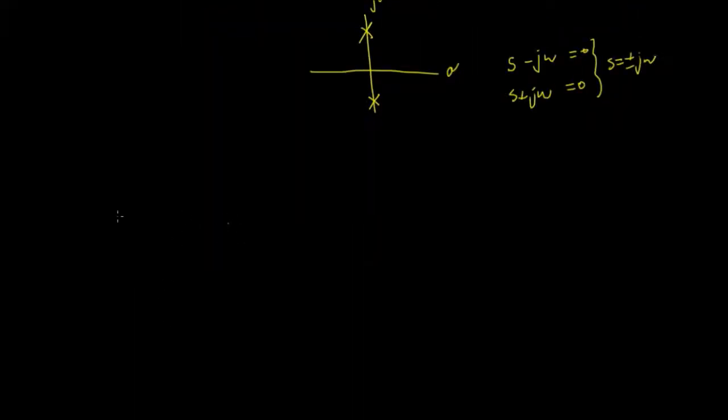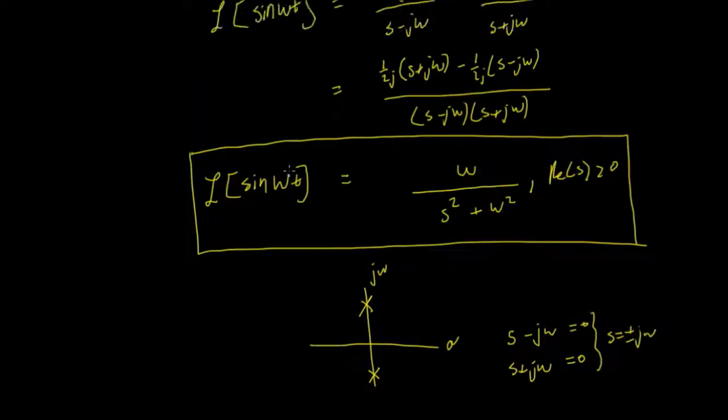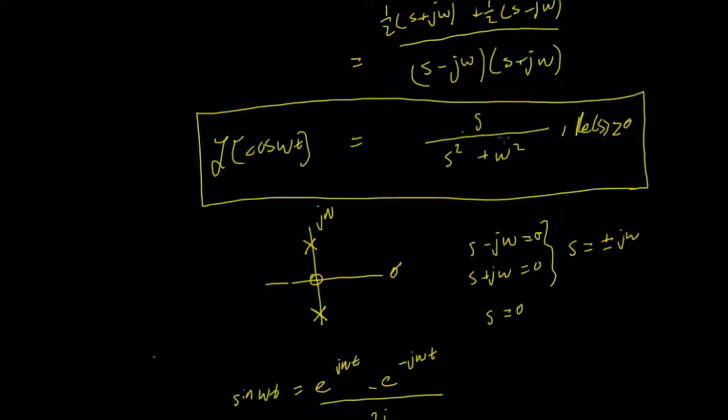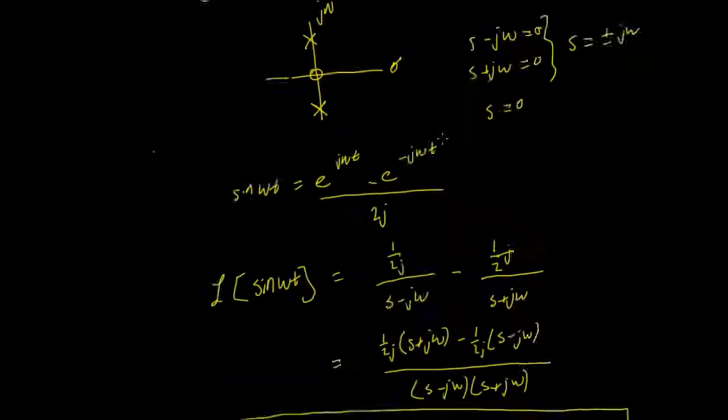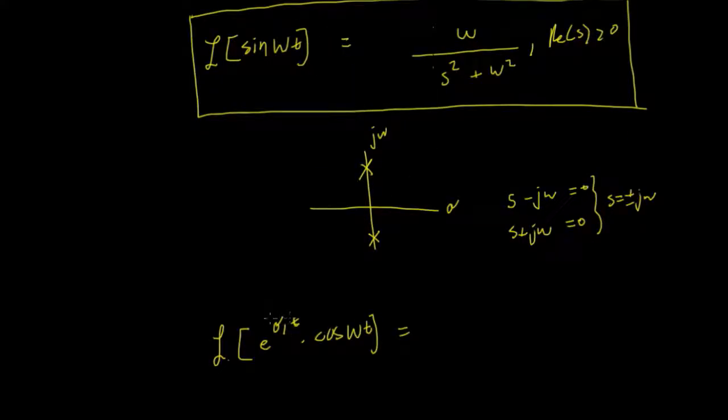Okay, so we could look at the Laplace transform of our e to the sigma 1 t times cos omega t. Now we could quickly write that, and we could say that the Laplace transform of cos omega t is s upon s squared plus omega squared, but now we're no longer looking at the value of s, because we're multiplying by e to the minus sigma t, so it's going to be s minus sigma.